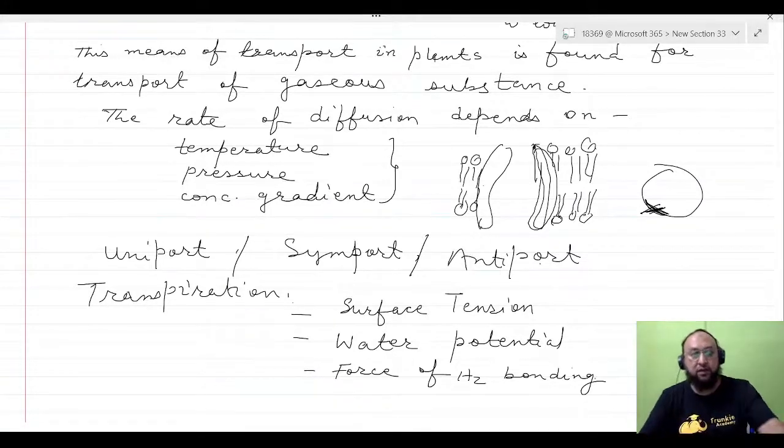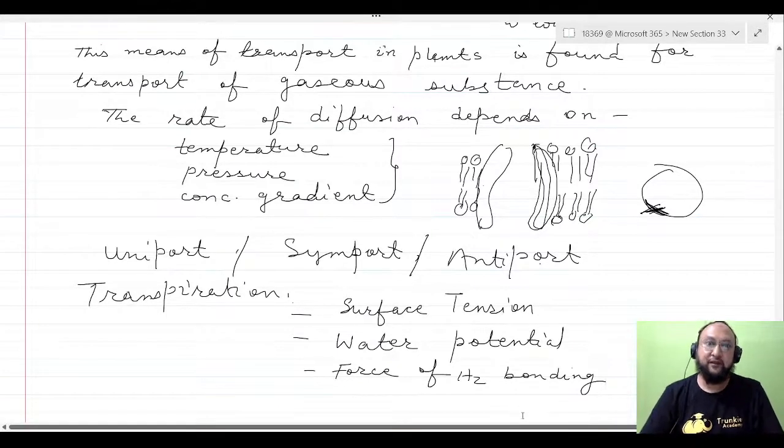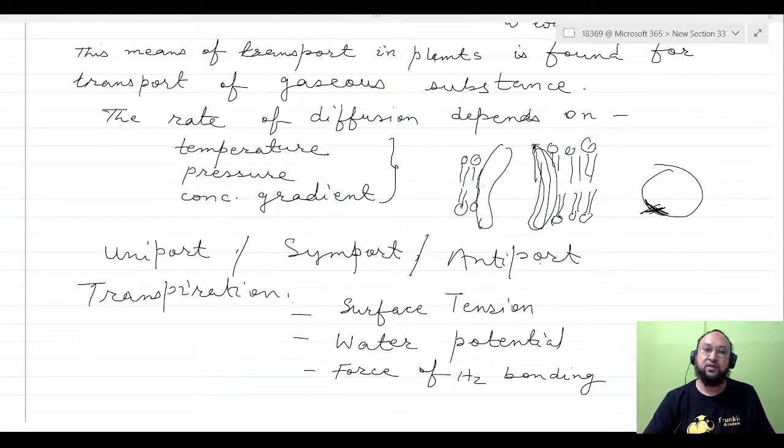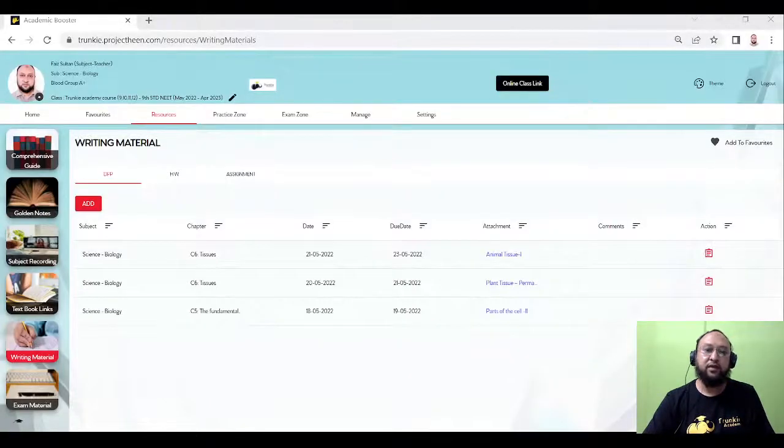Tomorrow again we will meet at the same time, and we have to study after this. As I have already told you, I am repeating that I will send you the DPP. Go to your academic booster, and you will find a link called resources.